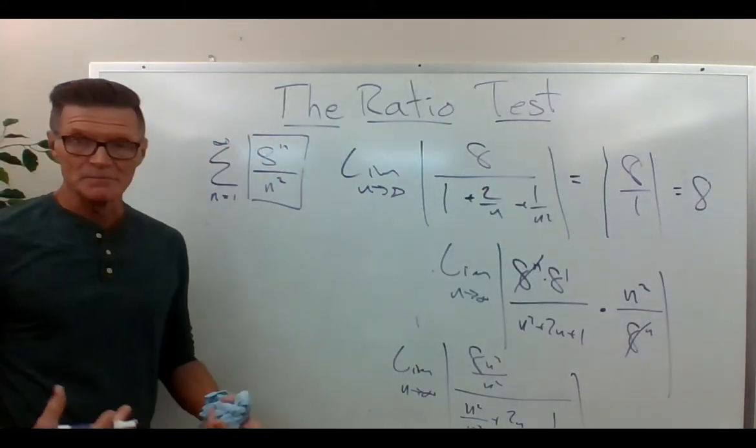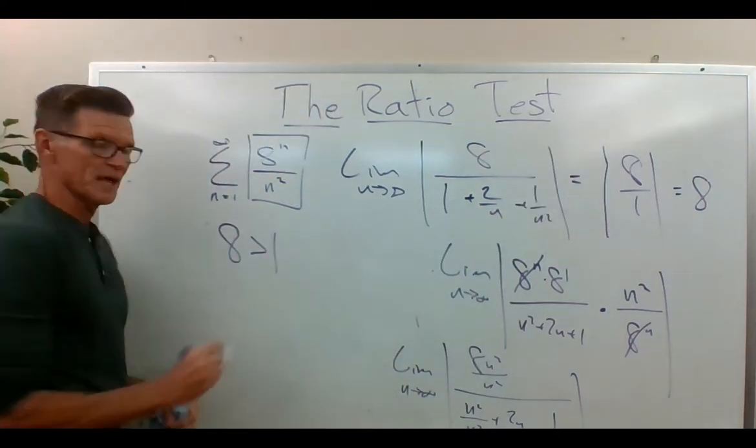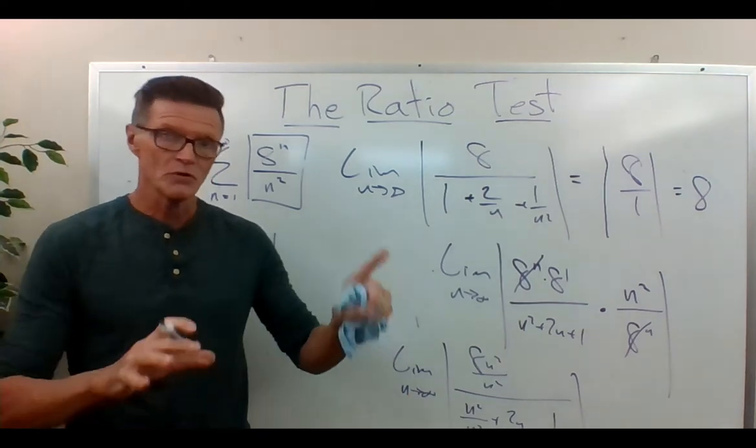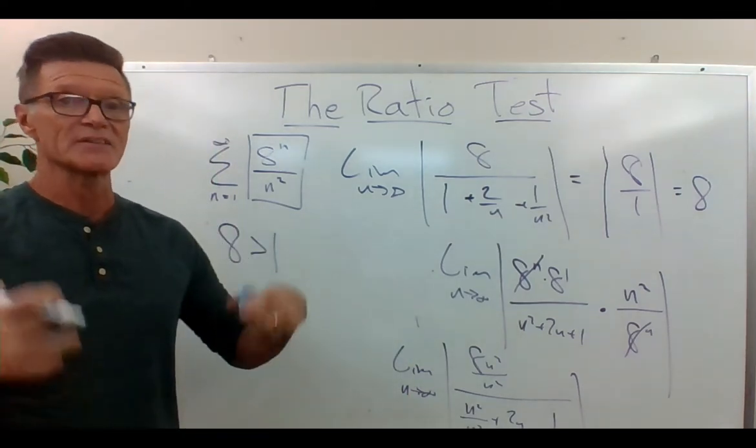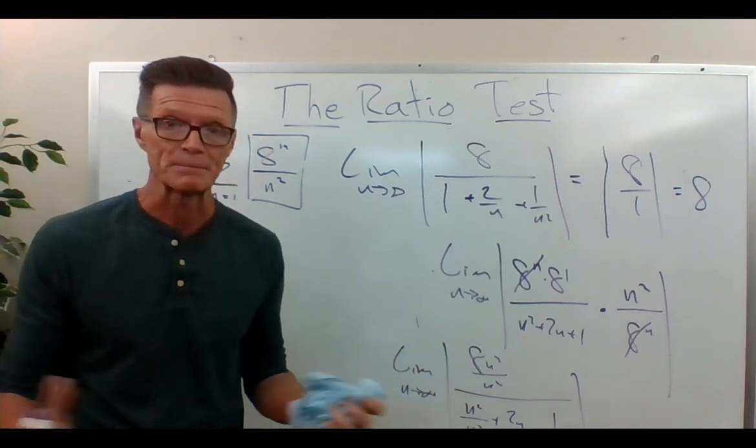So since the limit is equal to 8 and 8 is greater than 1, we know by the ratio test rules that this diverges. That's all there is to it.